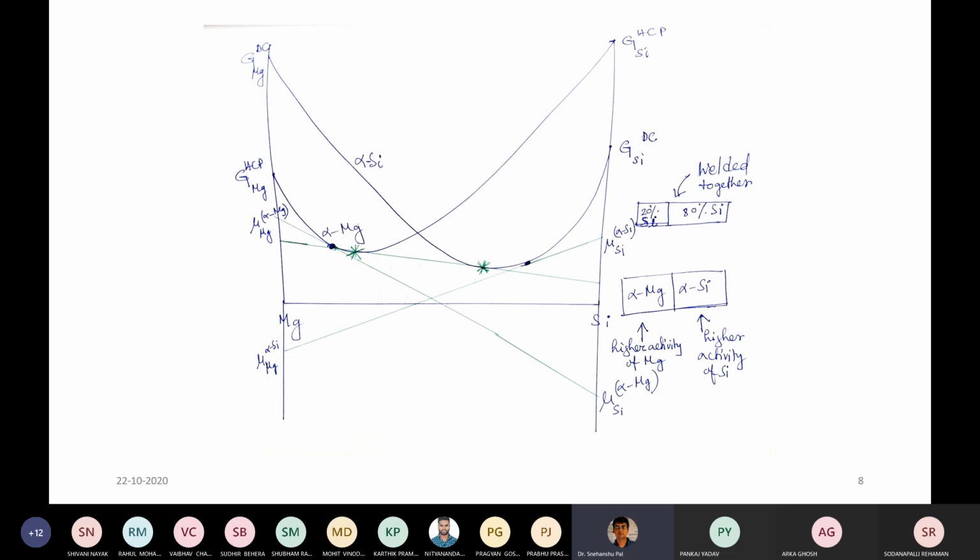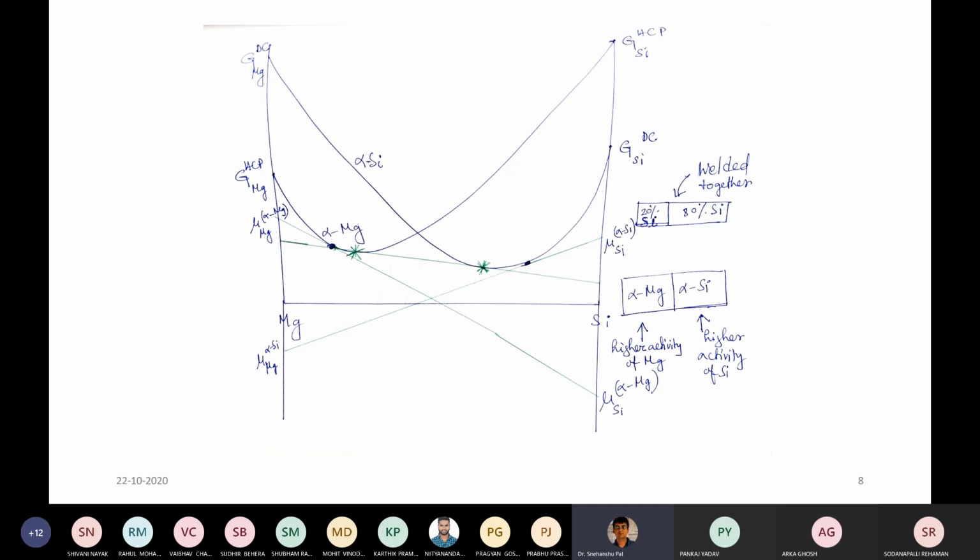From this plot, we will try to understand how the chemical equilibrium or diffusional equilibrium is going to be attained, and what the scenario is at that position. First, just like the previous slide, you take a composition which is touching the G of alpha silicon free energy diagram, and you find the activity. Mu of silicon in alpha silicon you will get much greater than mu of magnesium in alpha silicon.